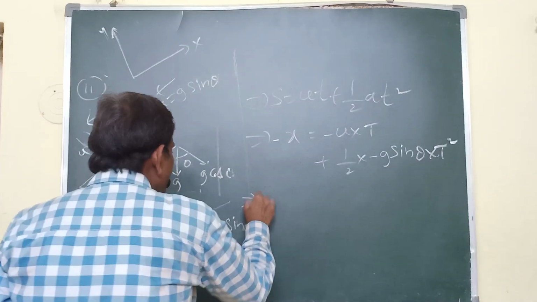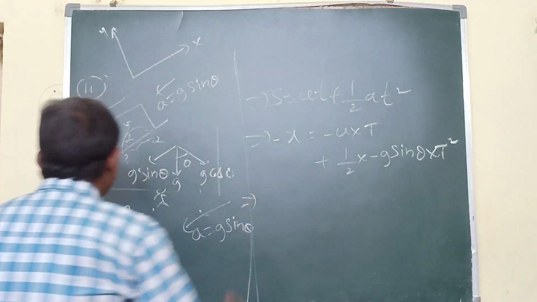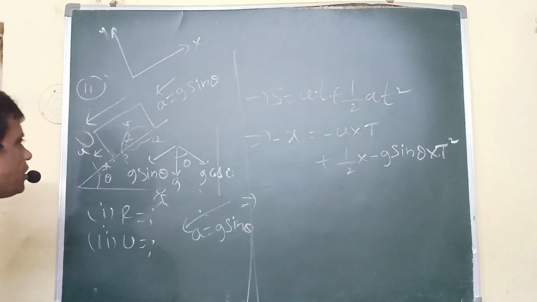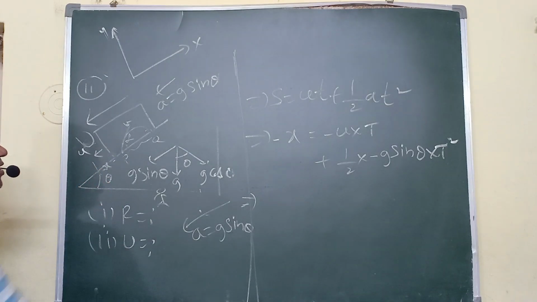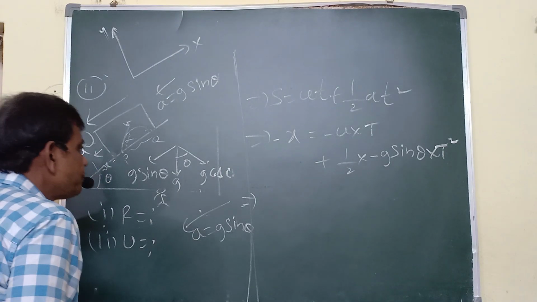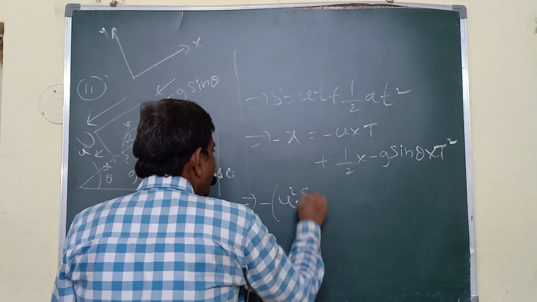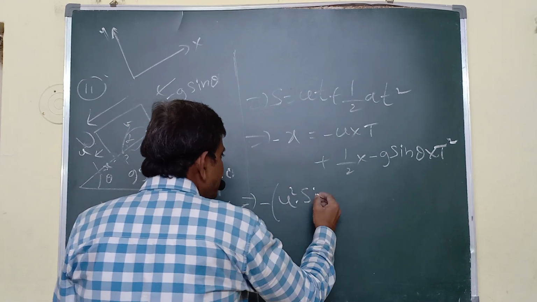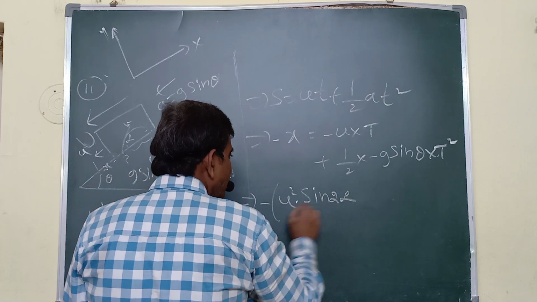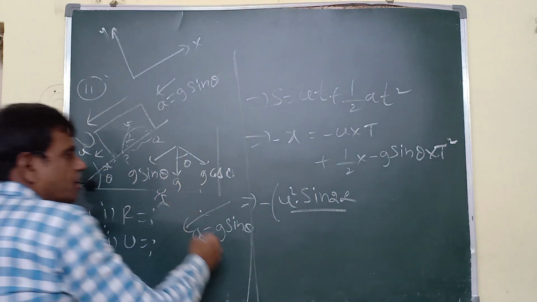Here x is the range, u square sin 2 alpha by g cos theta.